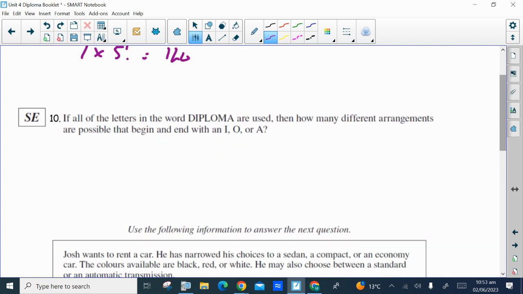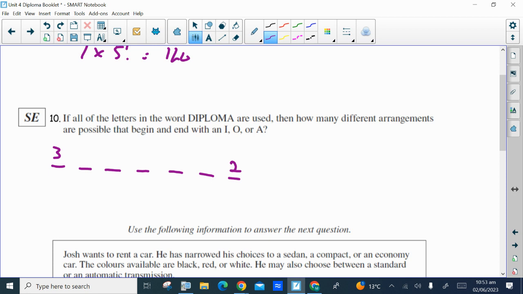If all of the letters in the word diploma are used, how many different arrangements are possible that begin and end with the I, O, or A? So the word diploma has 7 letters. So we can mark down 7 spots. There would be 3 choices for the first letter and then 2 choices for the last letter.